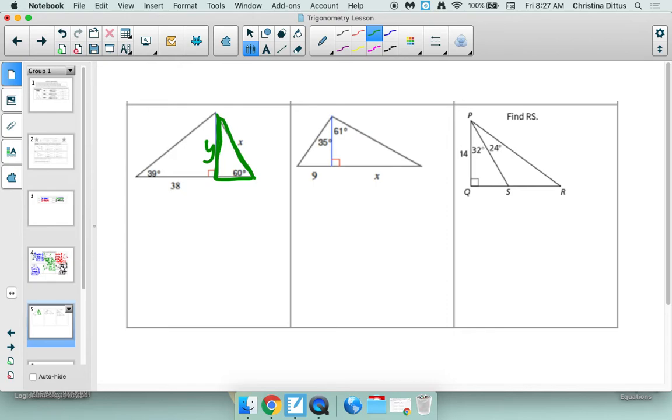Alright, looking from 39's point of view, how does y relate? Opposite. How does this 38 from here to here relate? Adjacent. So what am I going to use? The tangent. The tangent of what angle? 39. Y over 38 or 38 over y? Y over 38. Opposite over adjacent.